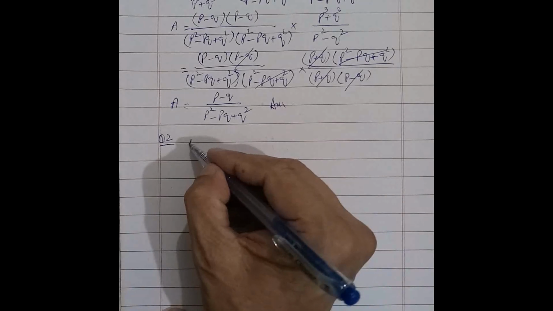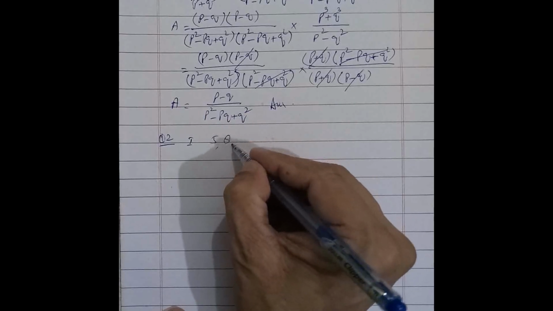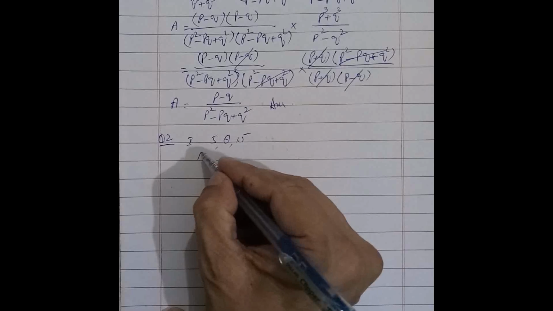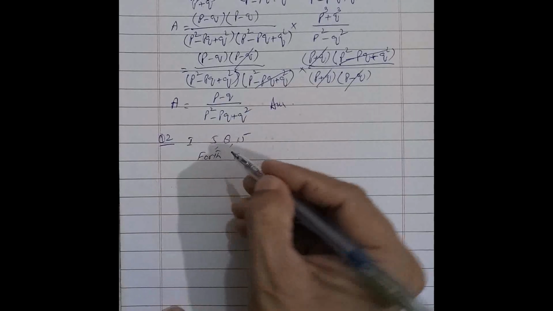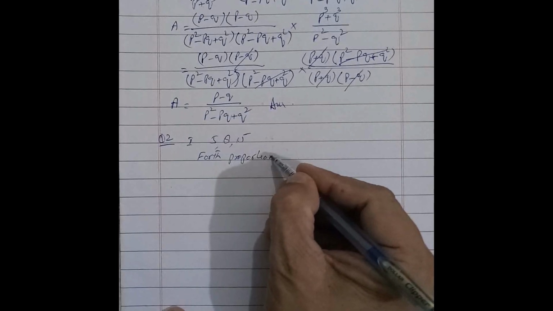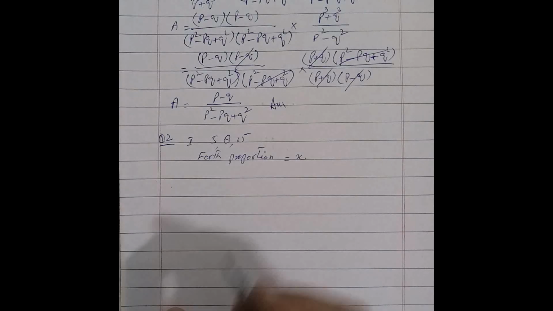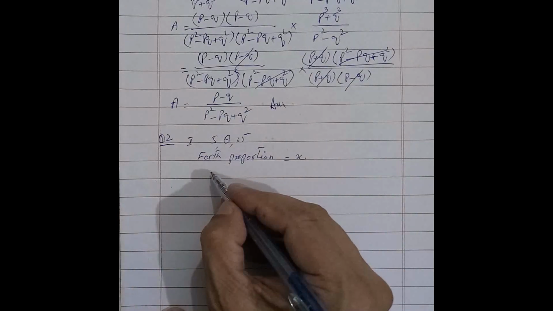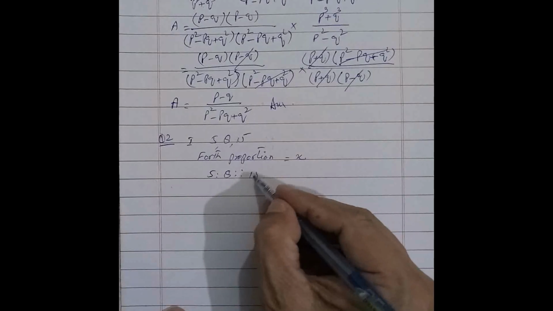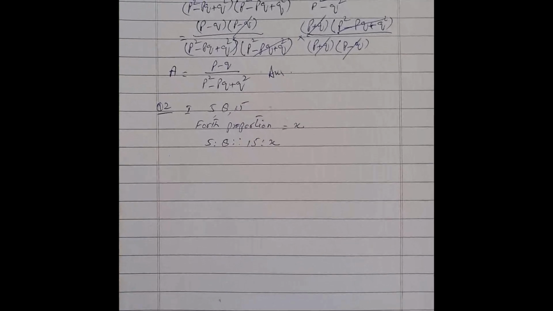The first part is three proportions are 5, 8 and 15, and the fourth proportion is equal to x, and we write it 5:8 proportion 15:x. The same method we use here.